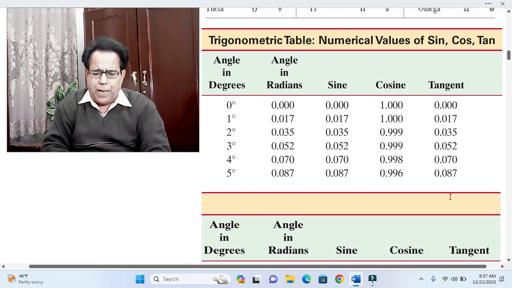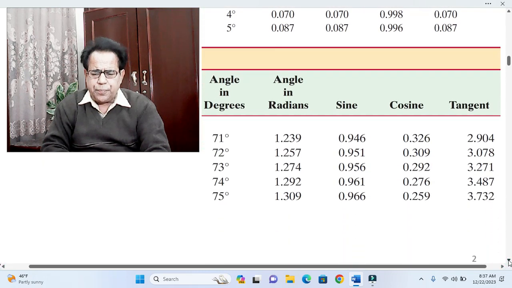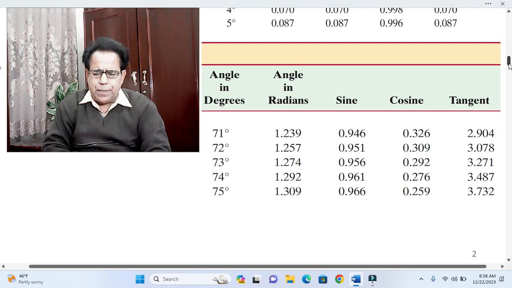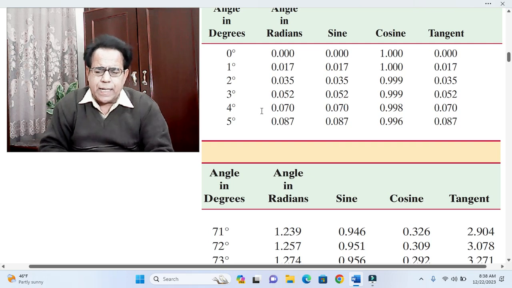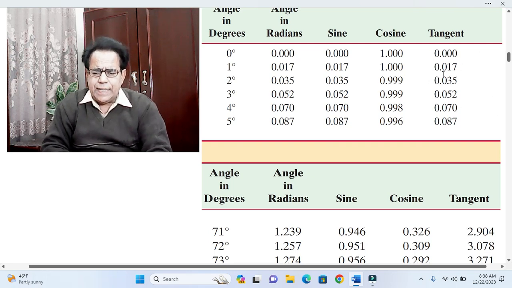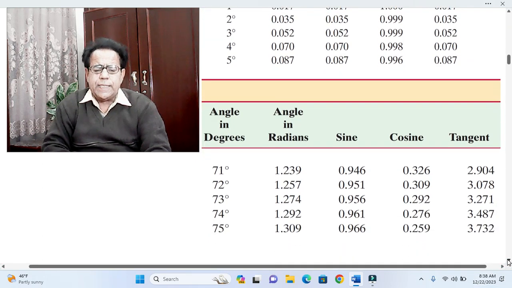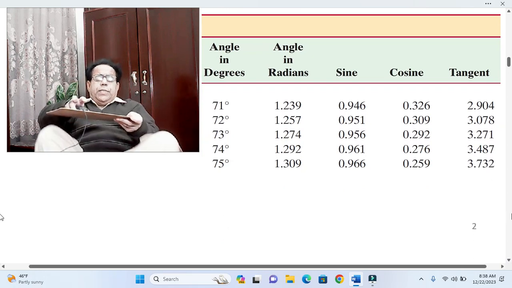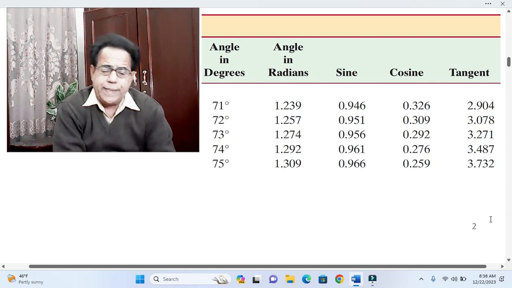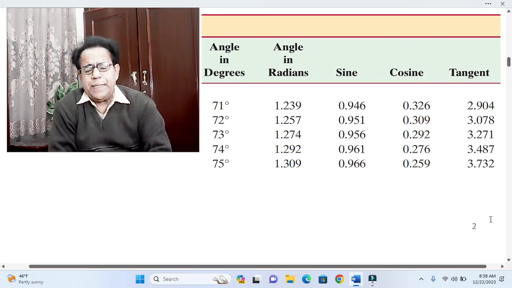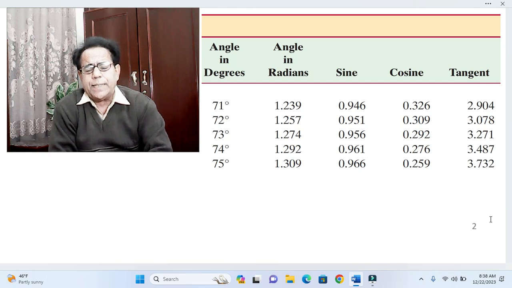This table starts from 0 angle to 90 angle, and in the end inverse tangent is found. Basically these measurements relate to both coordinates in the first quadrant.